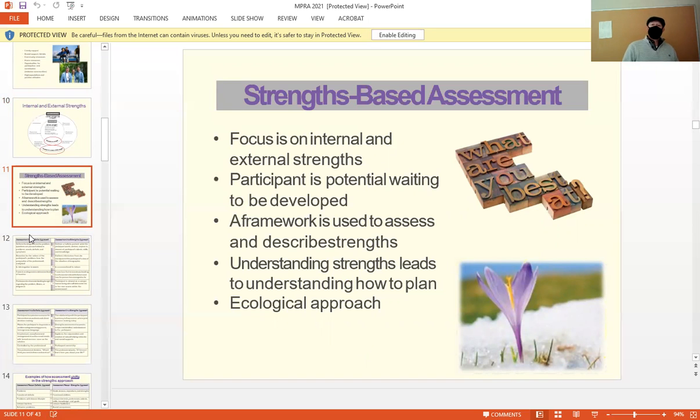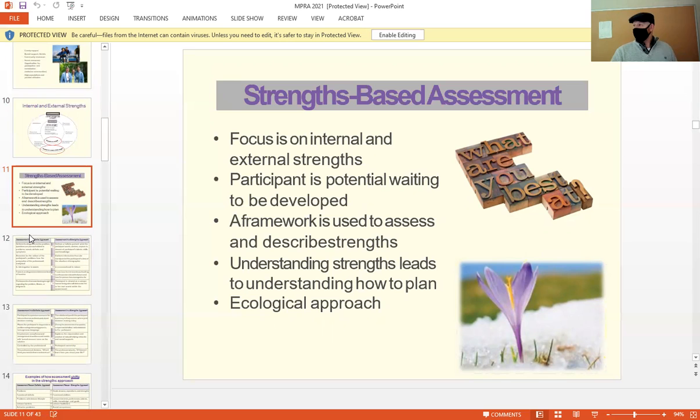Okay, so when we're doing strengths-based assessment, like we talked about, we're focusing on the internal and external strengths that we've talked about. We need to remember that the participant is not just a client. They're not just someone with a problem that we have to solve. They are potential waiting to be developed. Is that a much more positive way to look at that person?